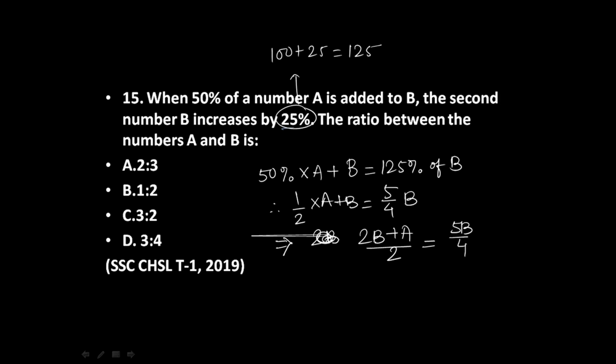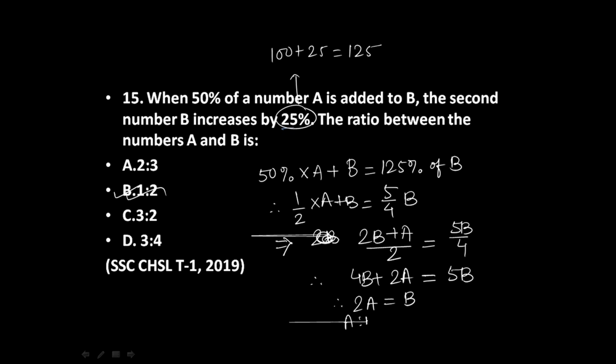This 2 will be gone, so 4B plus 2A is equal to 5B, right? So 2A is equal to B.